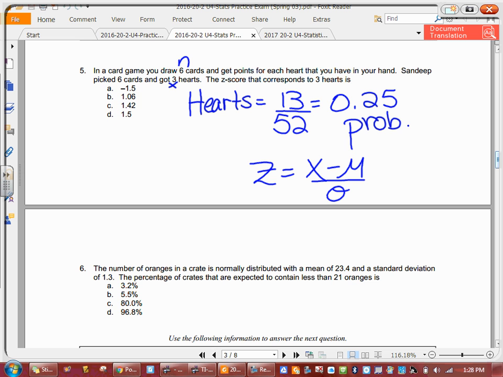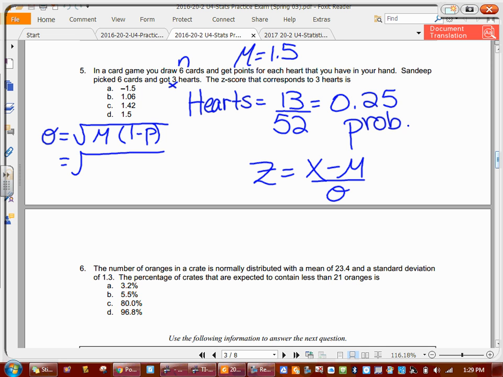In the standard deviation equation, the first N times P is just the mean, times 1 minus P. So we've got the mean, which is 1.5, and what's 1 minus 0.25? 0.75. Good. So under the root sign, you are going to multiply 1.5 and 0.75. That's where these numbers are coming from: 1 minus P and your mean.